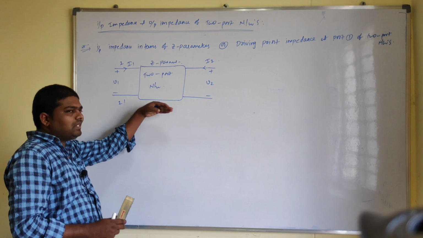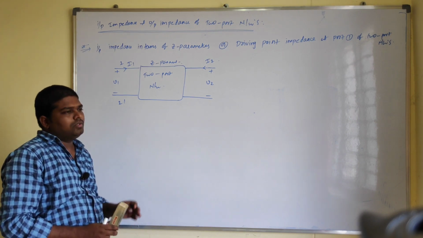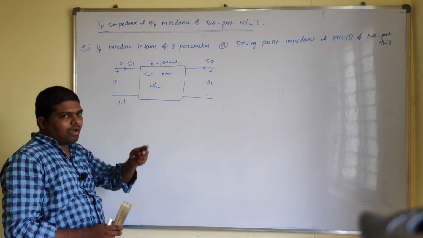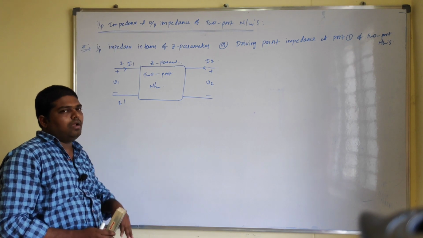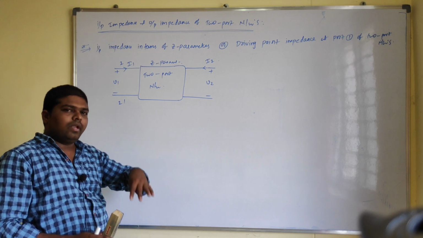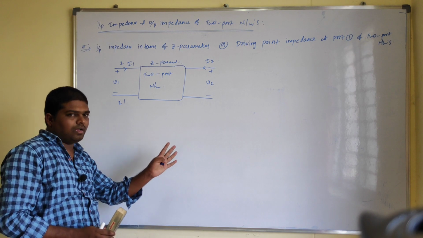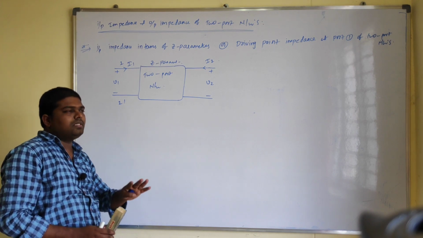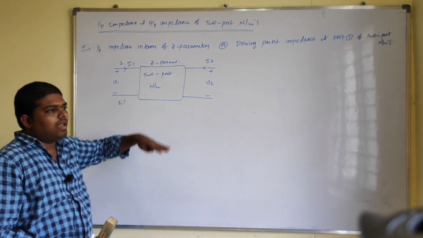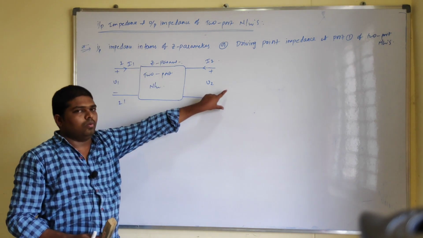So we could evaluate the variables for those networks in all previous sections. But right now we can analyze the two port network by including a voltage source as well as a load. That is the difference between the previous concepts and this concept.